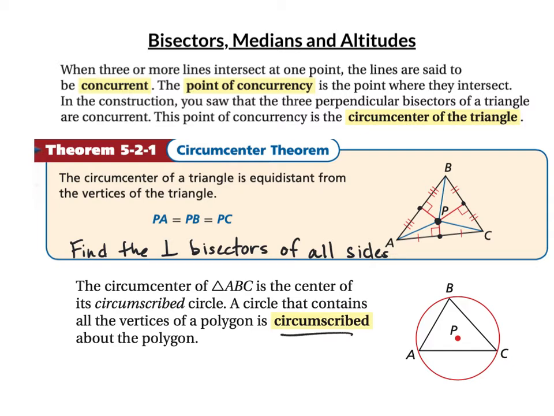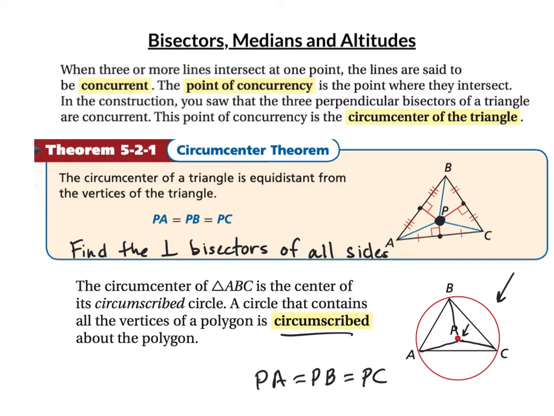There's our vocabulary word. So in this picture right here, we can see that this point, the circumcenter, is found by perpendicularly bisecting the sides, and that point would create a perfect circle. The radius length would either be PB or PA or PC, because those are all equal. PA, PB, and PC are all the same.